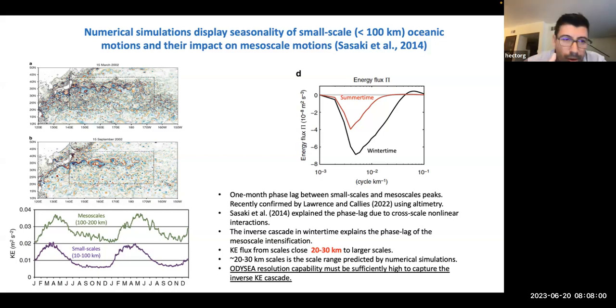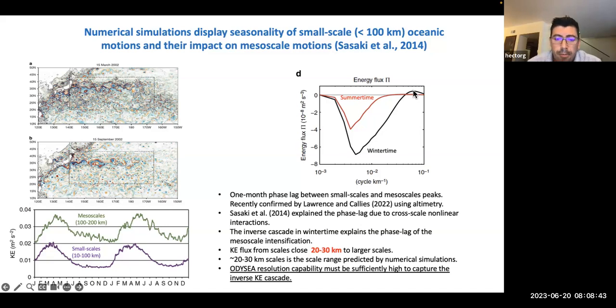It's not the same in winter as in summer. They also found that the direct cascade injection scale can go down to between 20 and 30 kilometers, although this will depend on the spatial resolution of the model. But the information I would like to emphasize is the seasonality. In the summer you mostly find the inverse cascade. But in the winter, we have this explosion of submesoscales and intense direct energy cascades at small scale.